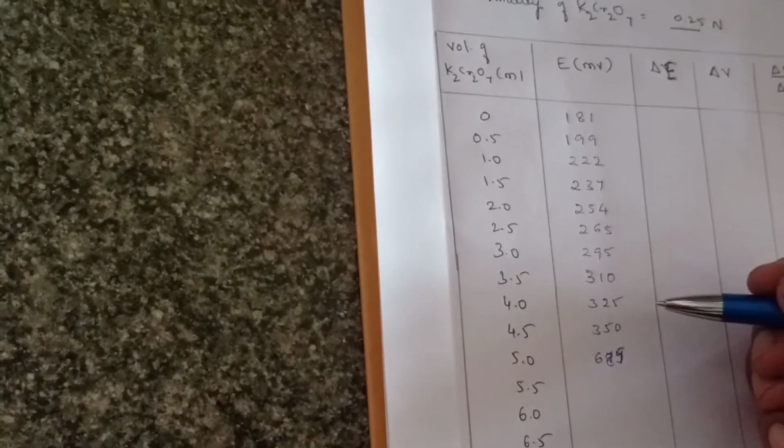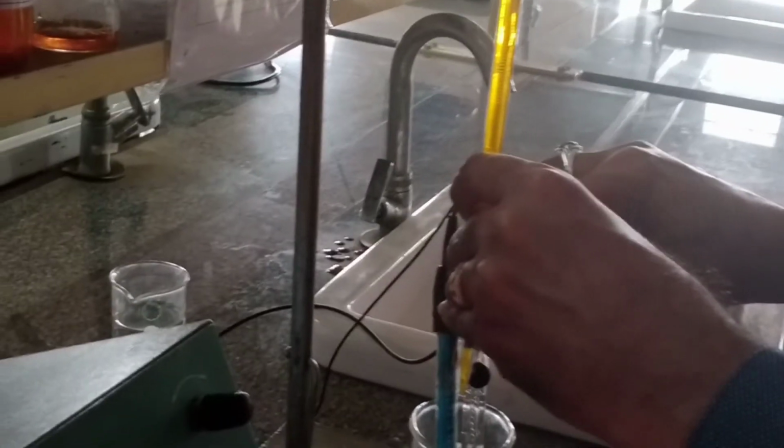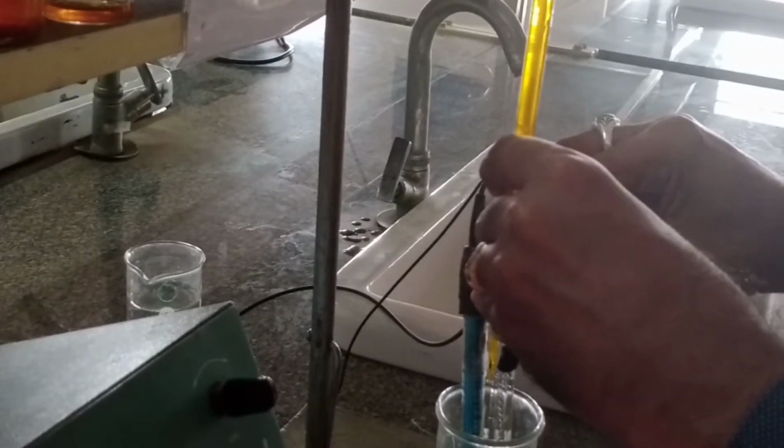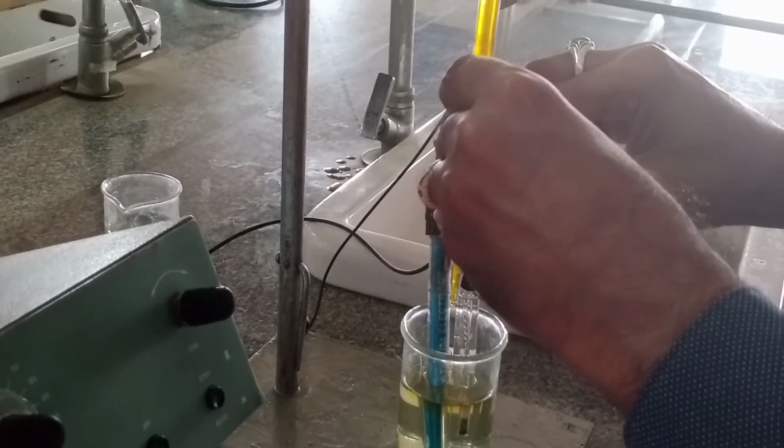This is the sudden change in the EMF value. From now onwards, I am still increasing the potassium dichromate addition to the FAS solution in 0.5 ml increments.